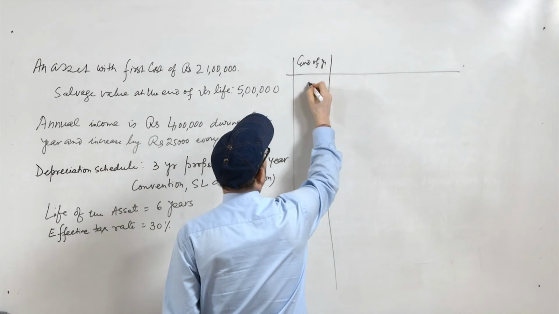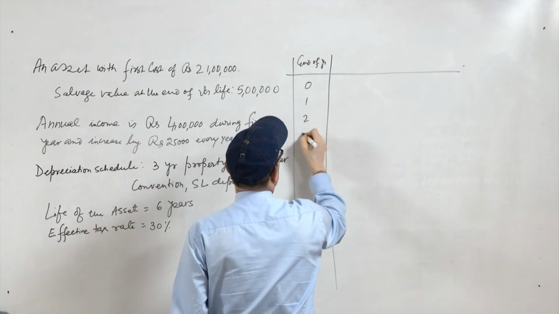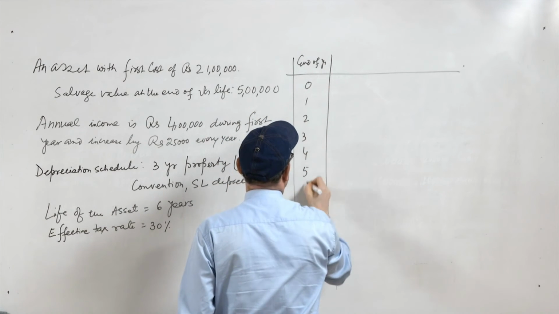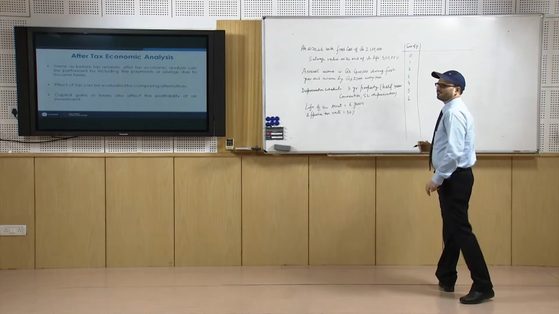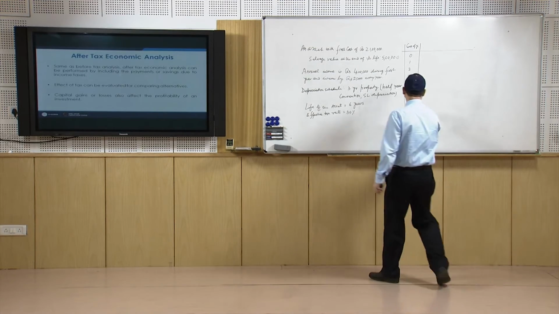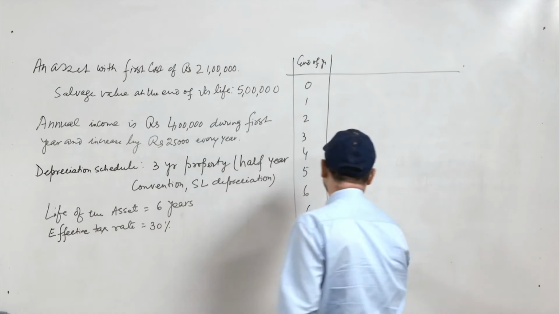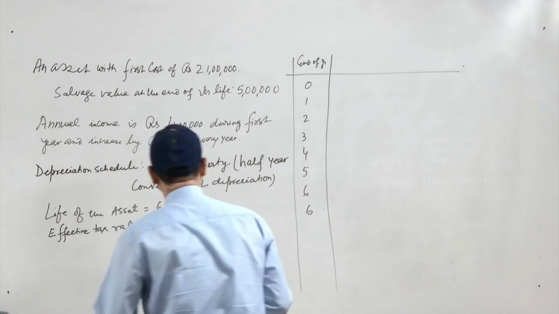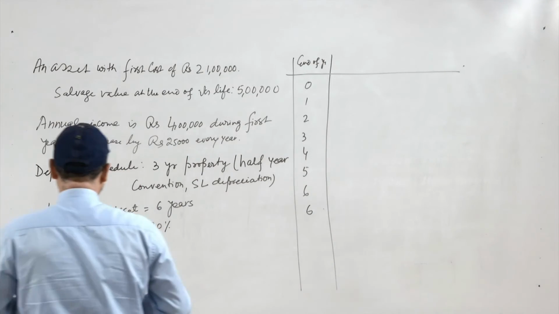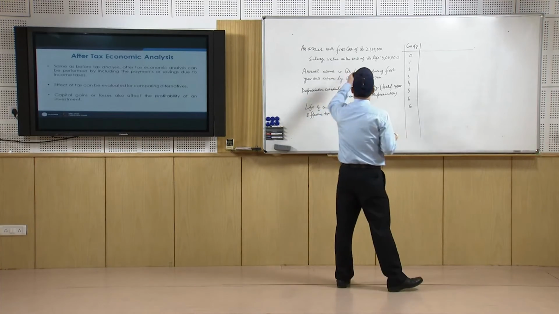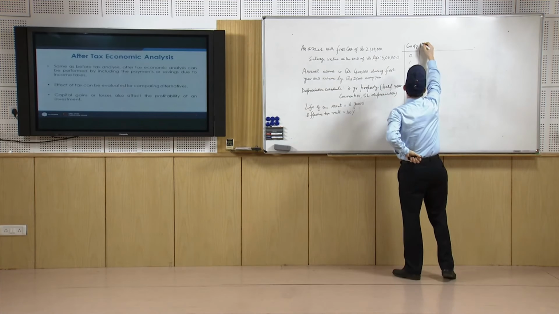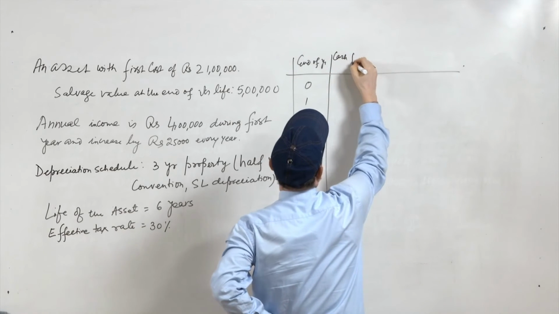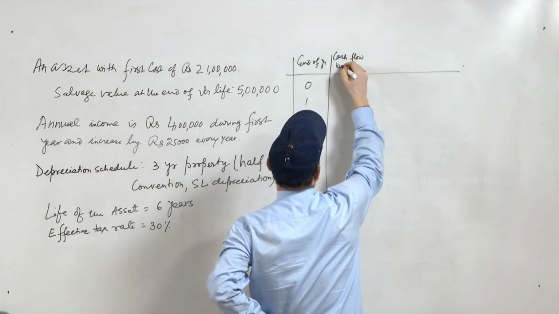So, you have 1, 2, 3, 4, 5 and 6, and further in the 6th year you are also getting capital gain. So, this is to be put in here. In this we are having the cash flow before tax.